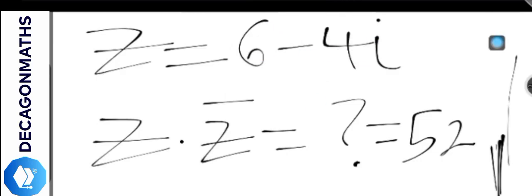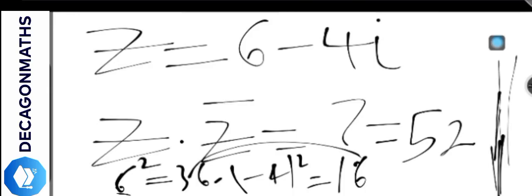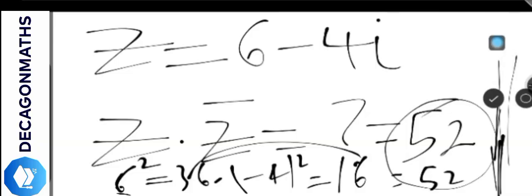So that means 6 square equals 36, and minus 4 square equals 16. So 16 plus 36 gives 52, right? Should be our answer.